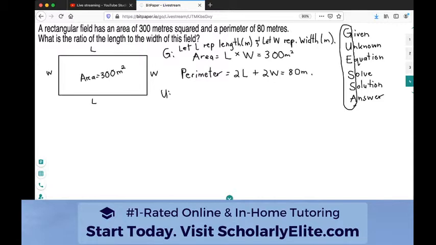We don't know the length and the width. We're trying to solve for both. So what's the equation we're going to use? We're going to solve using these equations, and we need to rearrange these in terms of one single thing. We have to put it into the simplest form.